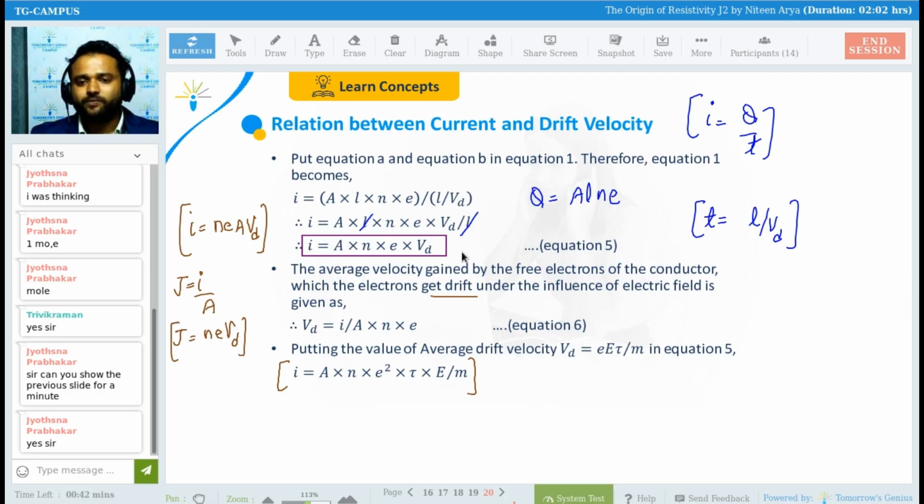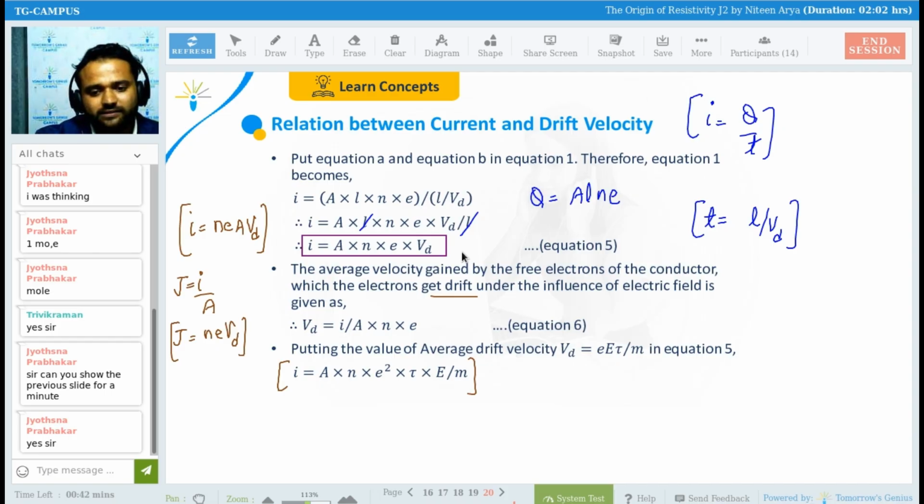I equals Q by T, and Q equals volume into number of charge particles, I mean total number of electrons, where small n is the number of electrons per unit volume, so Q is A into L into N into E, and then time T equals L by Vd, where Vd is drift velocity and L is the length.